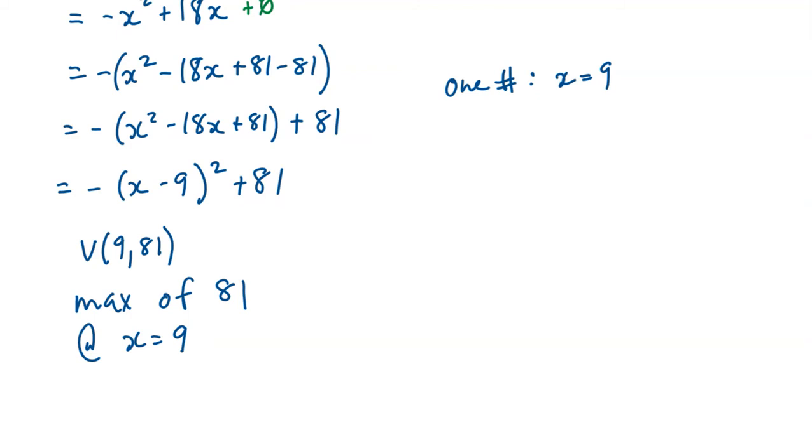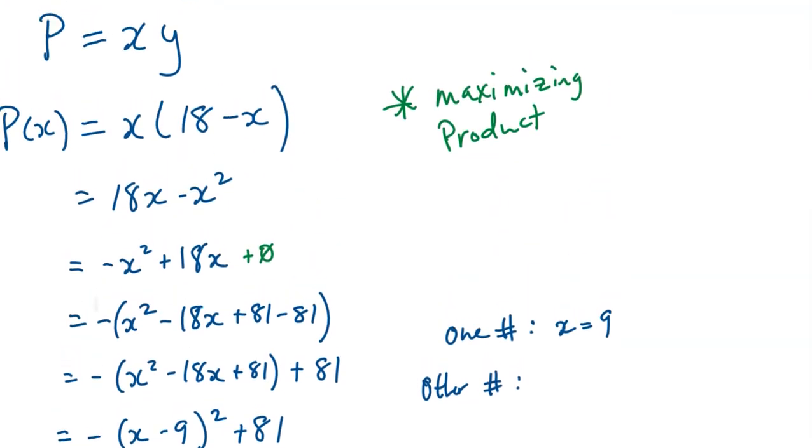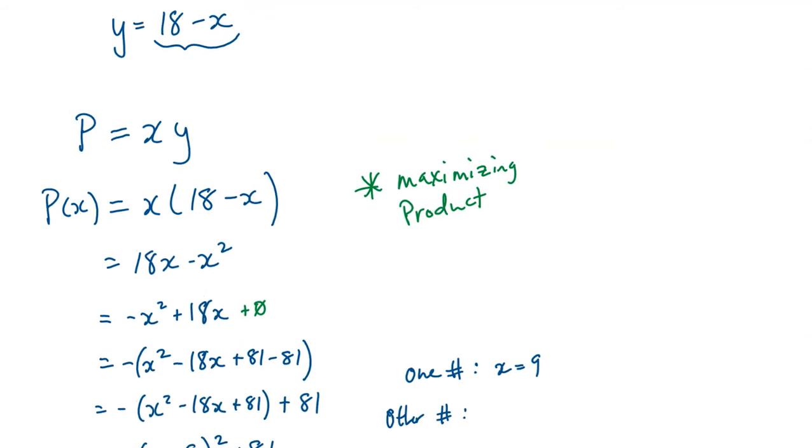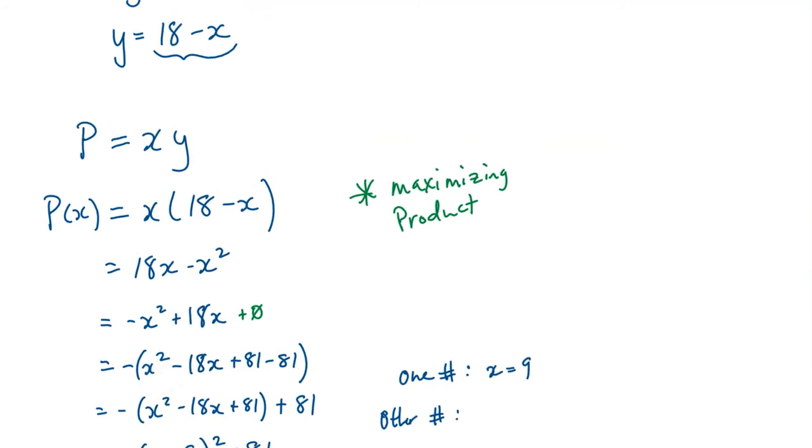Other number. What's the other number? The other number is y. Y equals 18 minus x. But I know what x is.